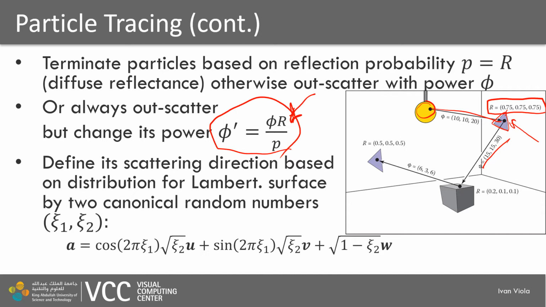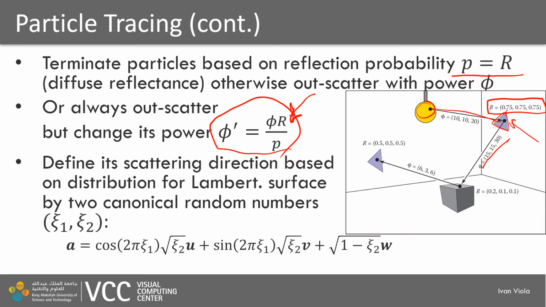Normally, the reflection probability should be equal to the diffuse reflectance, and in such a case, we will not be decreasing or increasing the power, but it will be kept constant until we will at some point terminate it, because we will evaluate on each bounce with a certain probability whether we are bouncing further or we are absorbing the light on that particular surface.